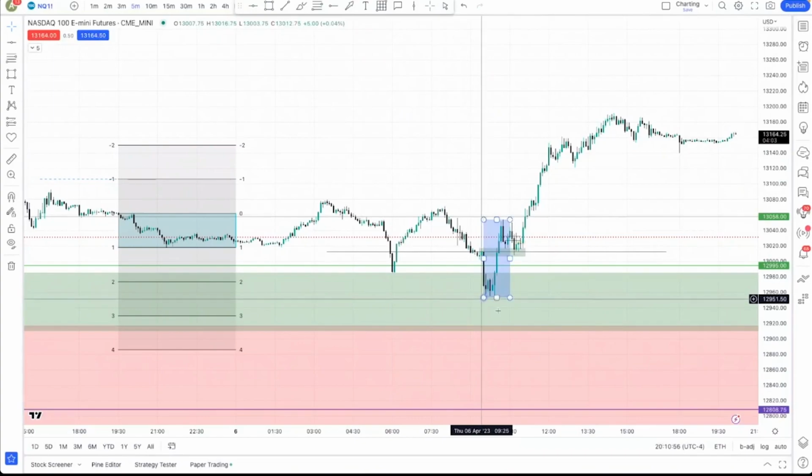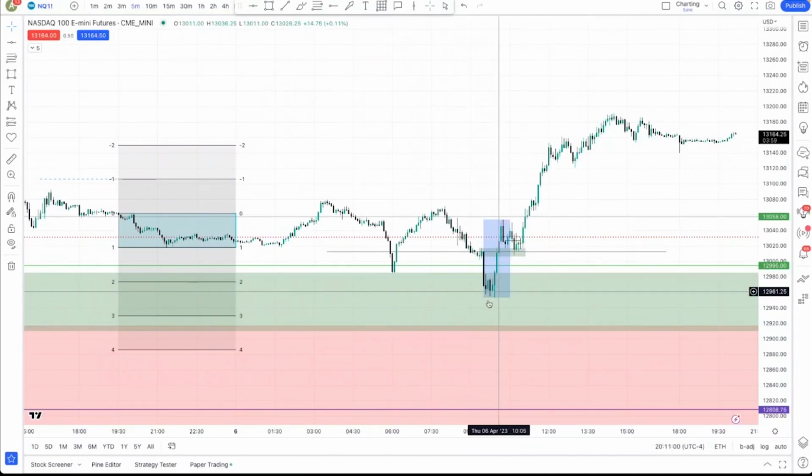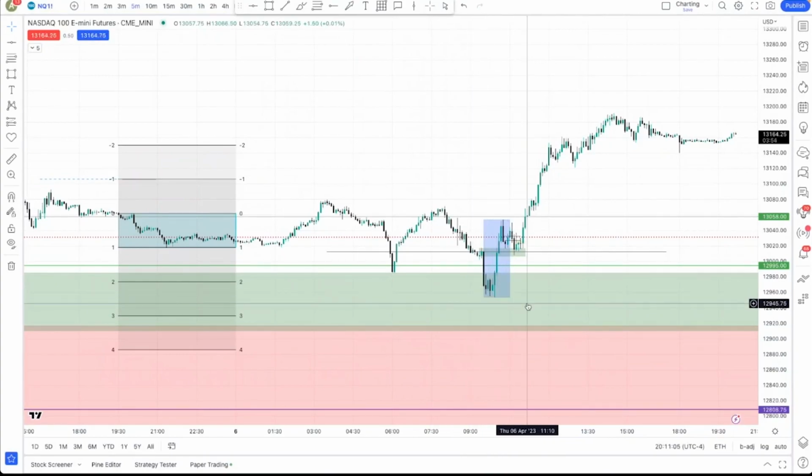So this reaction out of here, we have a news driver, we have the 3 points of sell side taken out. Now we're in discount, so now we want to start switching our framework to do bullish PD arrays hold.